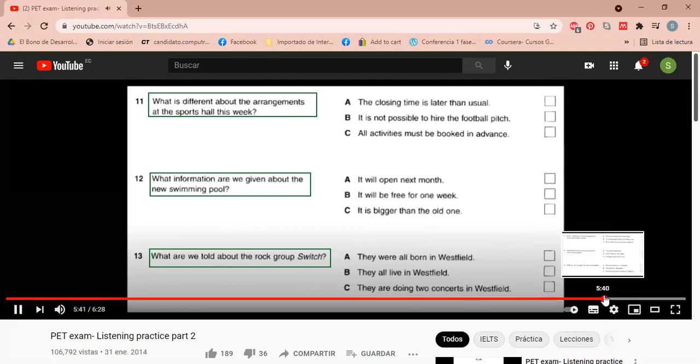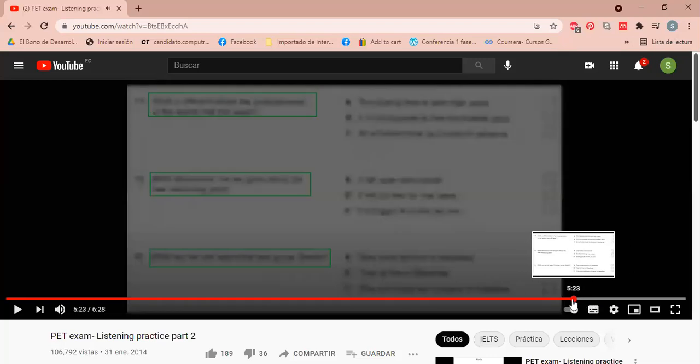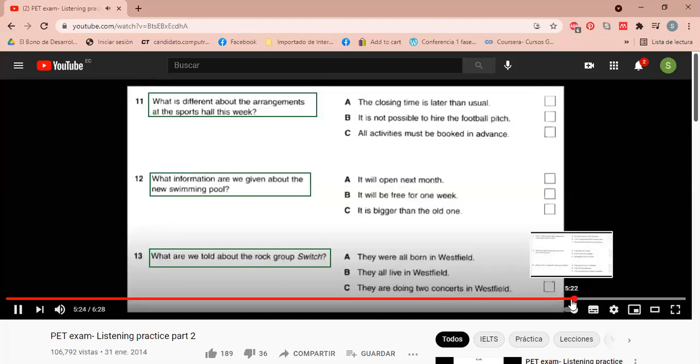It's the same size as the old one, but has much better facilities. That's great. But good news now. There will be no charge for swimmers for the whole of the first week that it's open. It will open, however, before the end of this month.